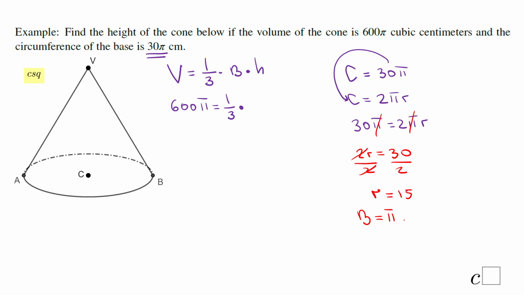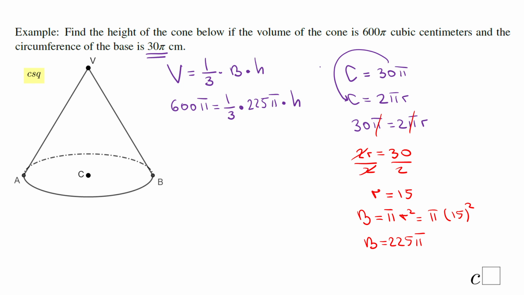B, it's a circle, pi r squared. So we're going to have pi times 15 squared. 15 squared is 225. So the area of the base is 225. Now we can go back here and use this 225 now. Pi times the height.